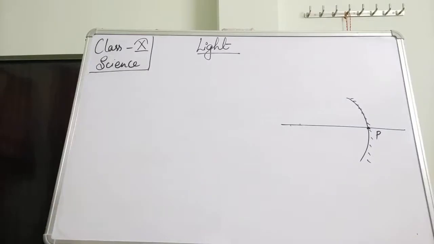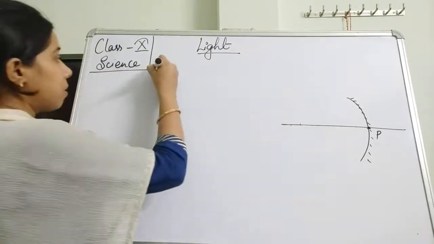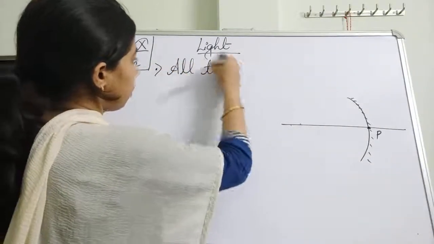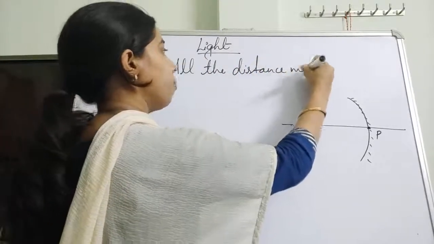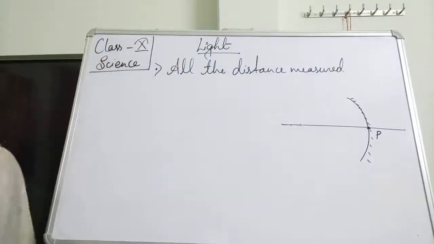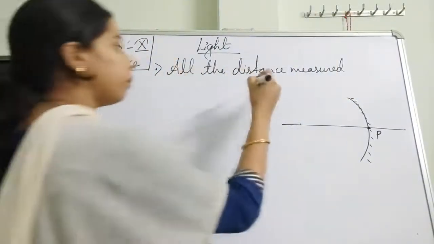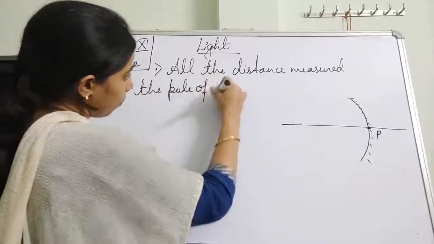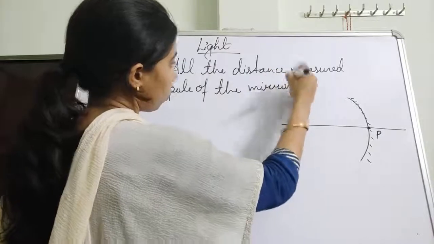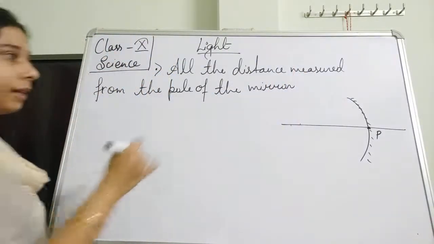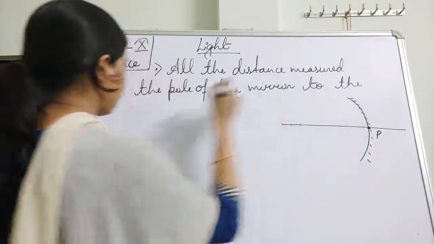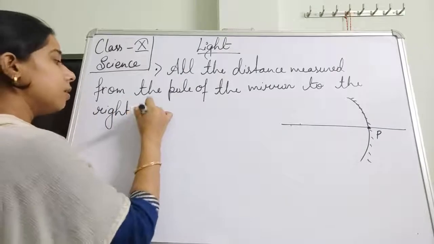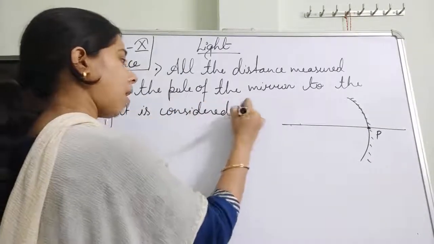Okay, so we can write it here. We can understand this concept like this: all the distances measured from the pole of the mirror to the right side are considered as positive.